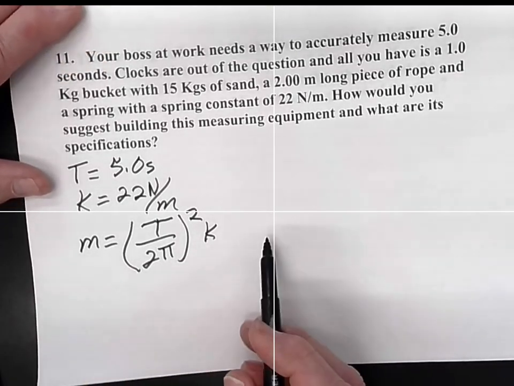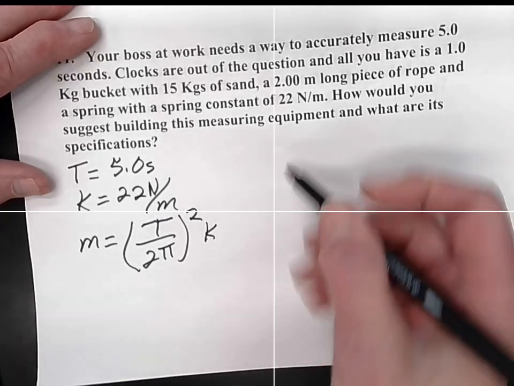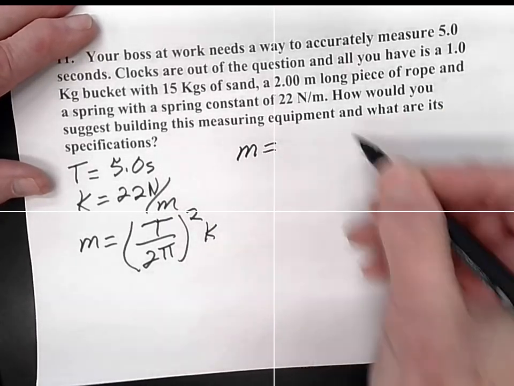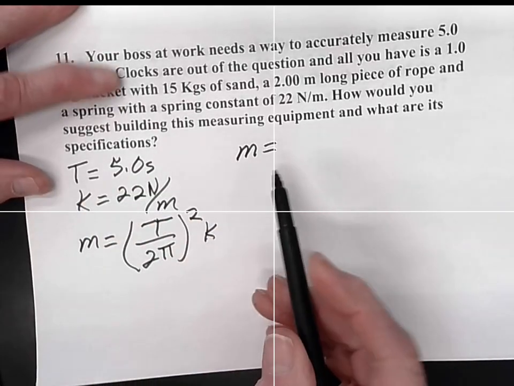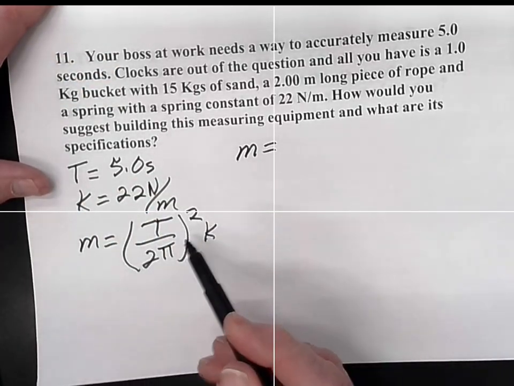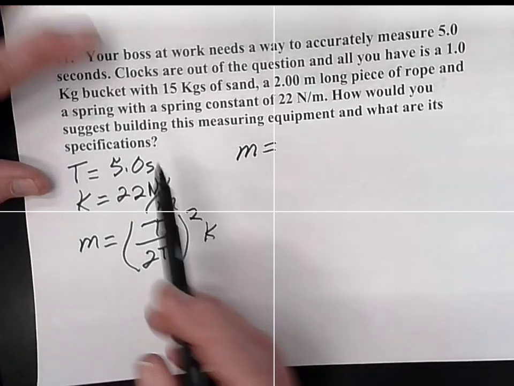What you end up having to do is figure out, if M is a certain amount, how do we get M number of kilograms of stuff here?